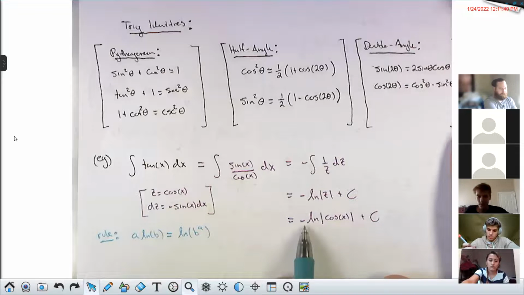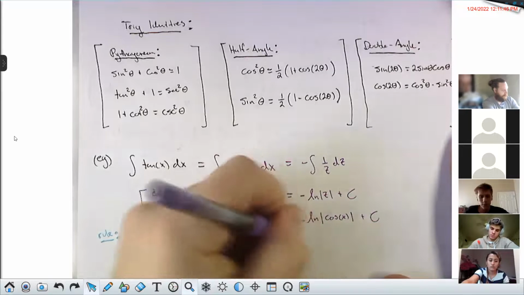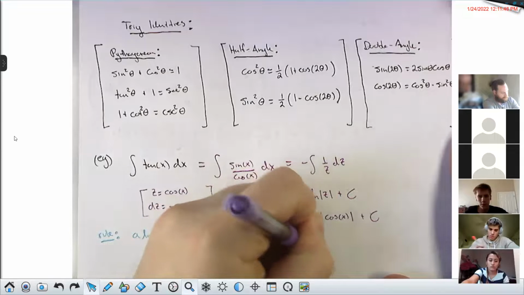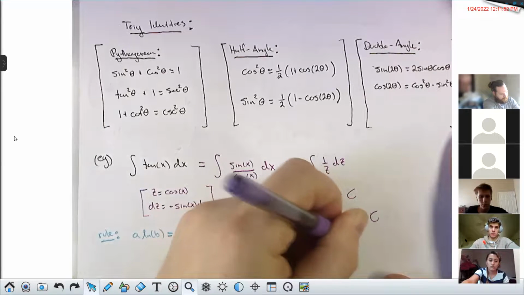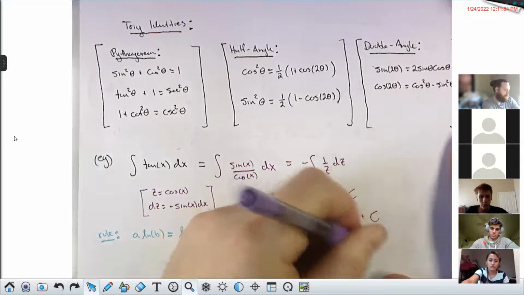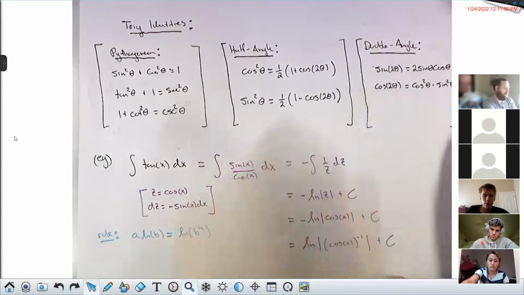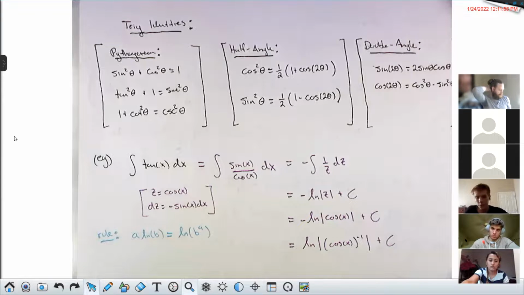So this negative out front, that's a negative 1 times ln of cos x. I bring that inside, I get the natural log of cosine of x all raised to the negative first power.